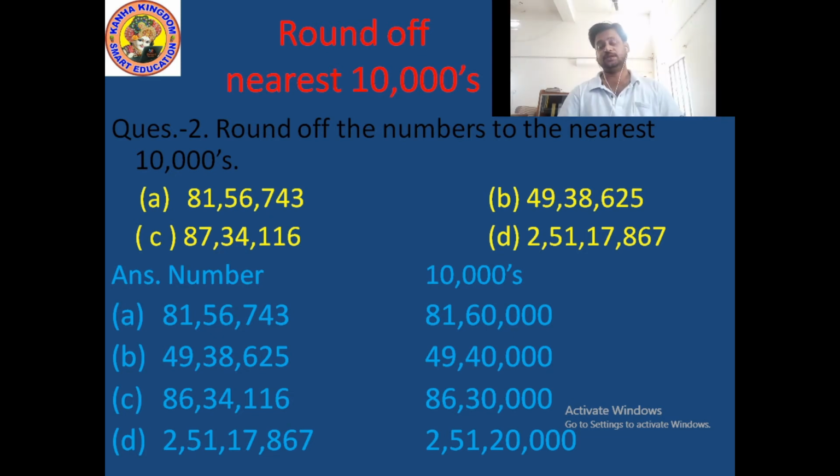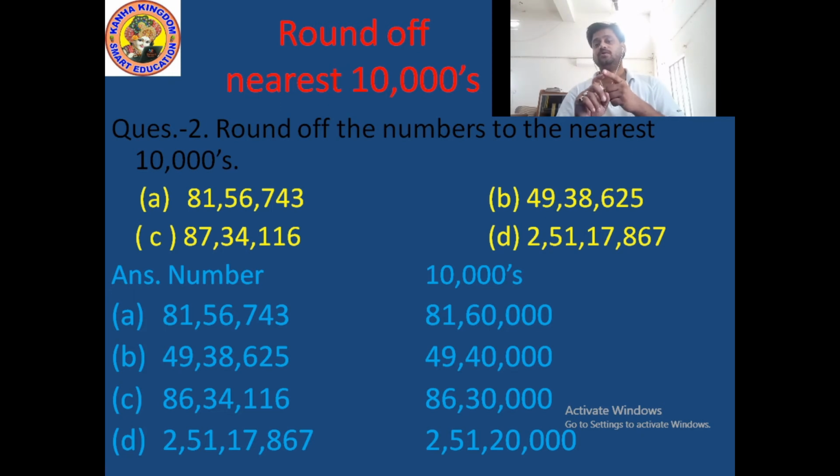3. So first of all tell me, is the 1000 place value greater than, equal to, or less than 5? Yes, the 1000 place value is less than 5. When you know that, first you convert the 1000 place value, 100 place value, tens place value and ones place value into 0. Do you convert the 10,000 place value? No, you do not convert the 10,000 place value, because the 1000 place value is less than 5.